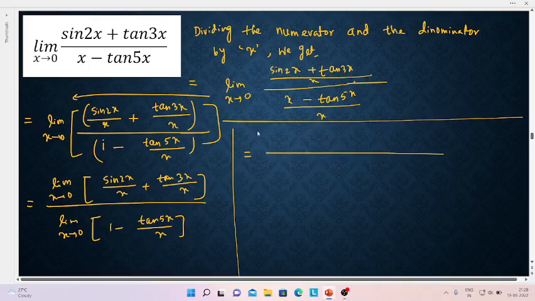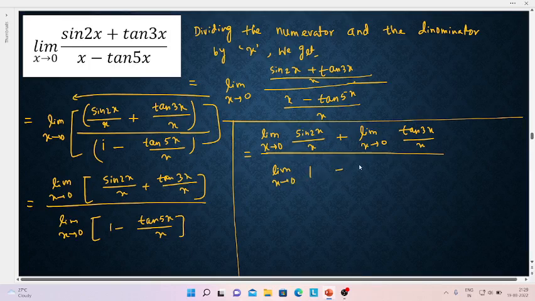So it will become limit x tending to 0 of sin 2x upon x, plus limit x tending to 0 of tan 3x upon x. Similarly on the denominator we can write limit x tending to 0 of 1 minus limit x tending to 0 of tan 5x upon x, right?